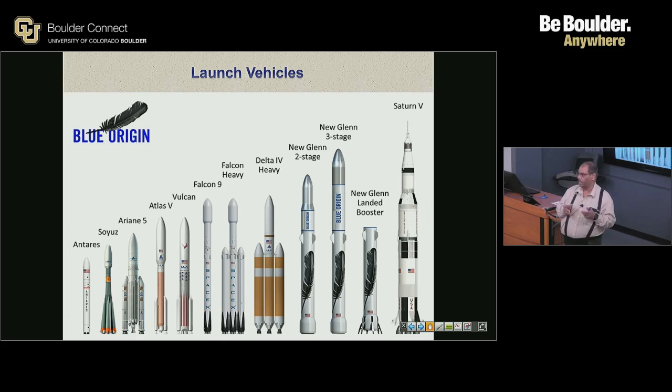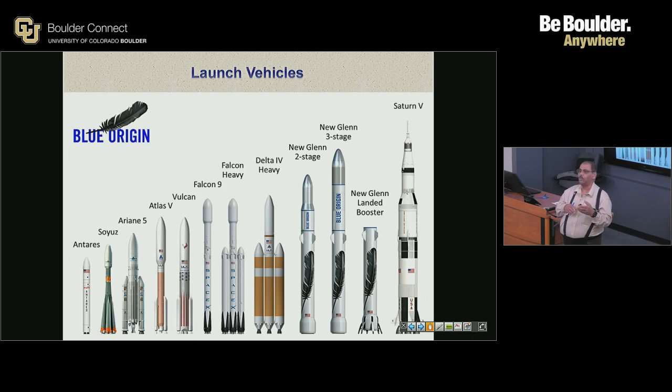On the other hand, ULA is thinking of recovering only the engines of the first stage. So they are attached to the first stage, but they can be explosively detached. Okay, and then the engines re-enter using a heat shield. In other words, you're letting the atmosphere do the work of slowing down the engines.